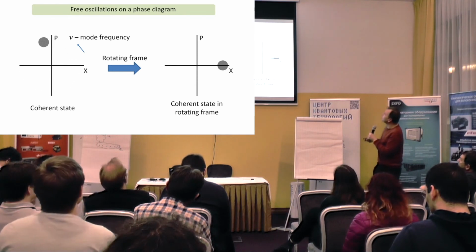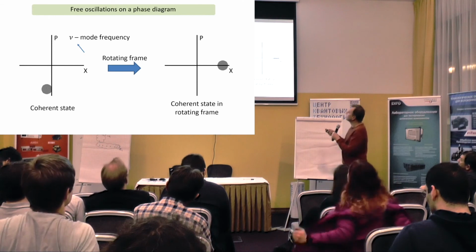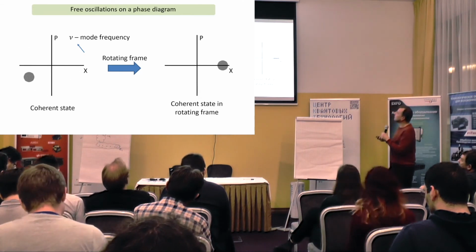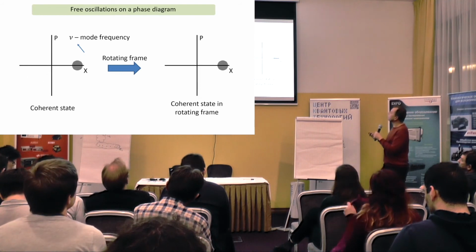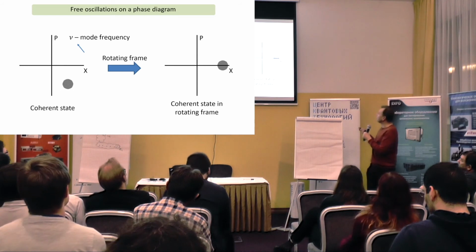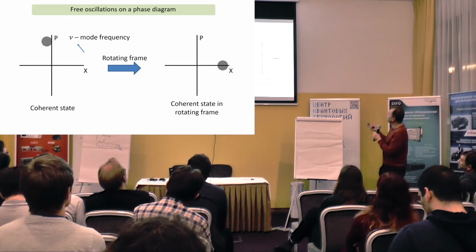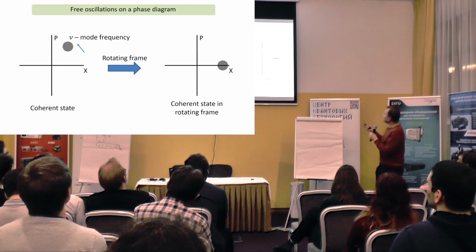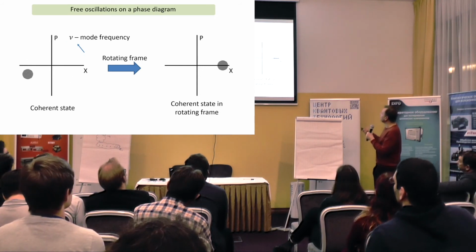So if we think about free oscillations on a phase diagram, it's a regular picture of a coherent state, and nu is the mode frequency. Of course, we can go to the coherent state in the rotating frame, and then we will see that it's just a circle at this axis.